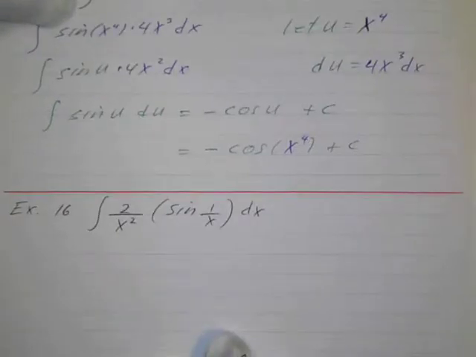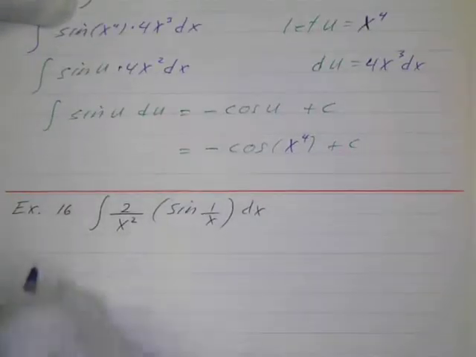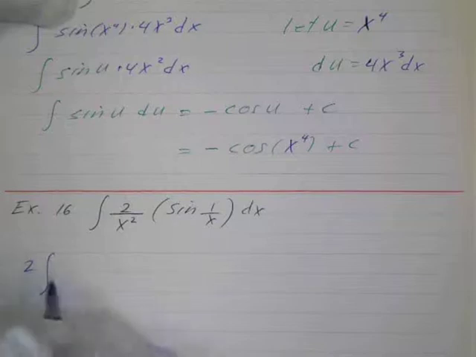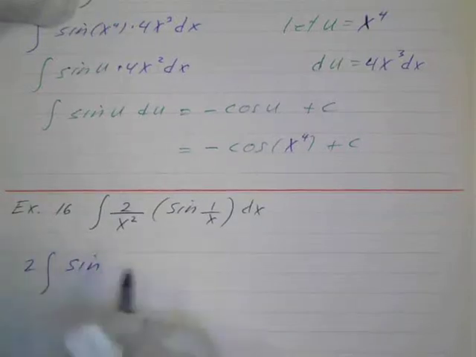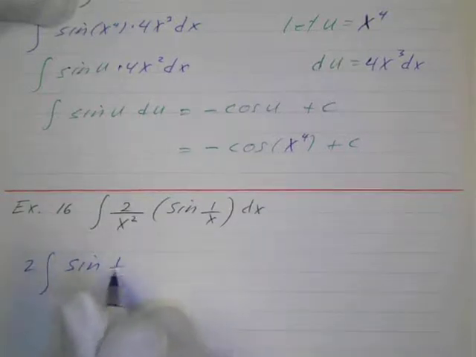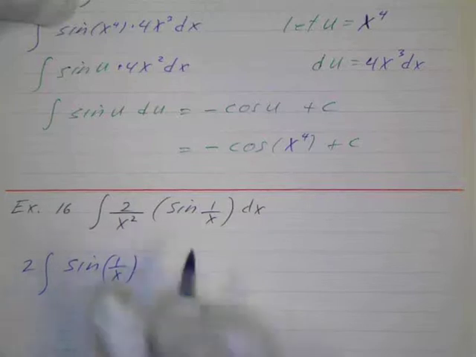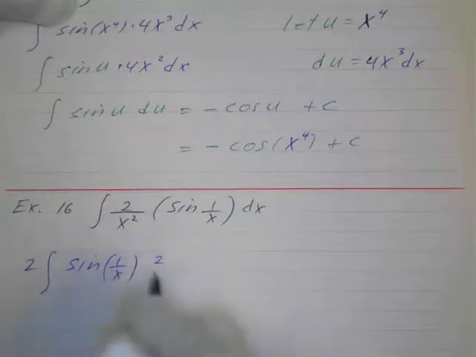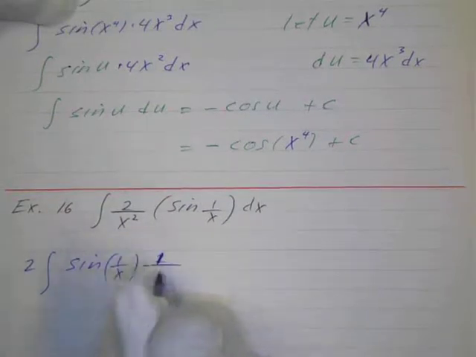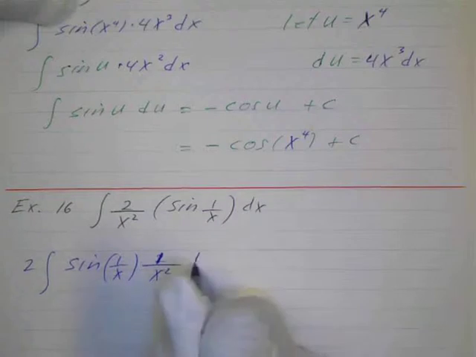But I don't think this will. So I'm going to take the 2 out, and I'll rewrite it as 2 times the integral of the sine of 1 over x times 1 over x squared dx.